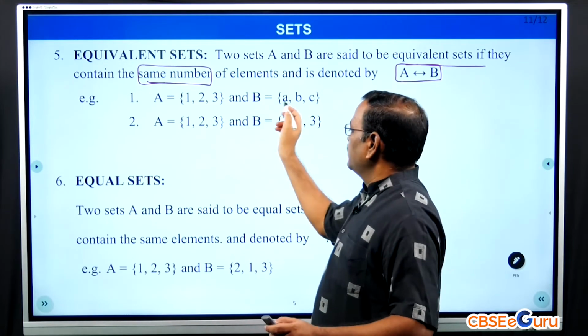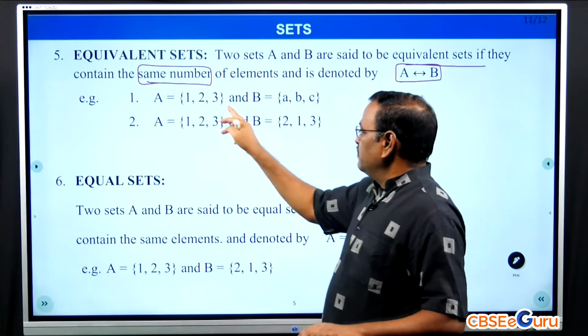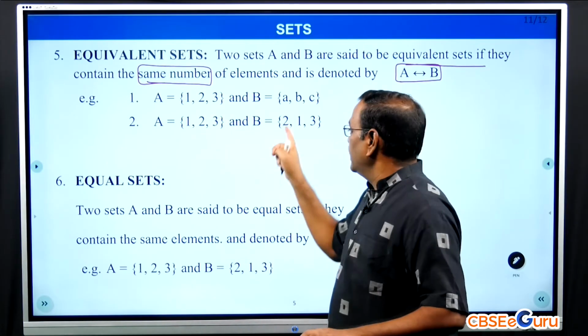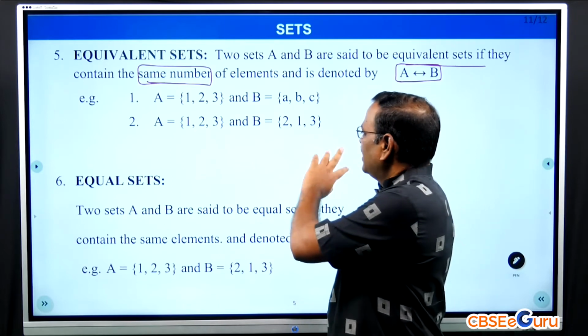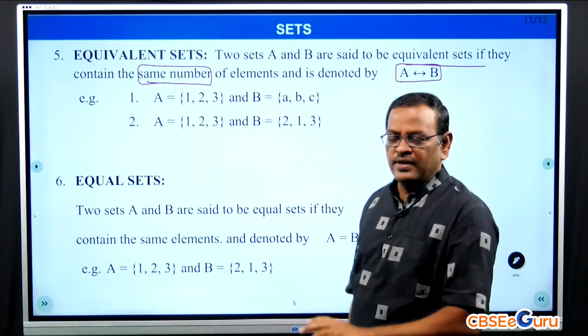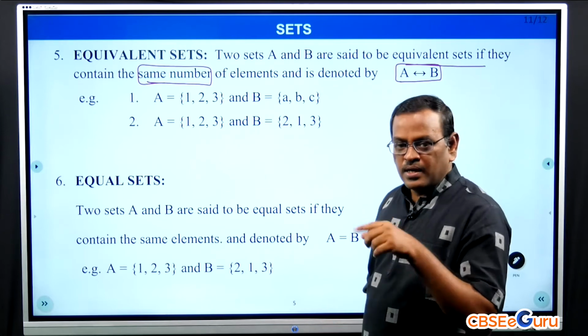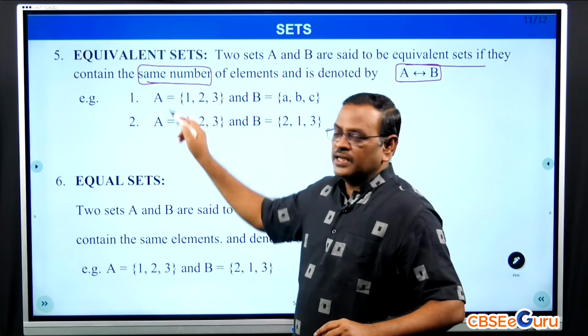Here A is equivalent to B. Reason? Here the elements are numbers, but here the elements are alphabets. Even though they are different categories of elements, both are equivalent because of the definition.